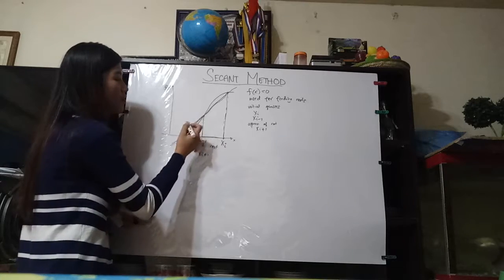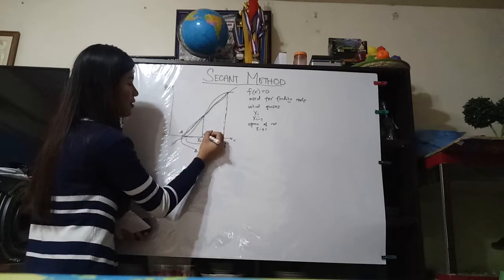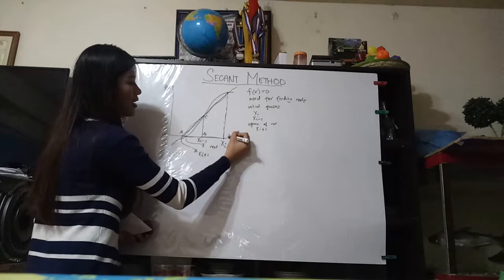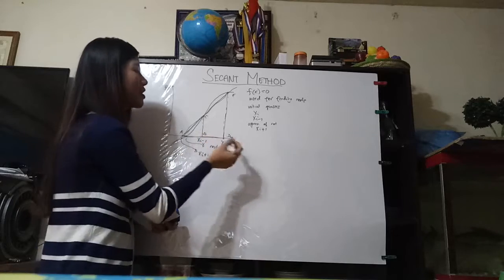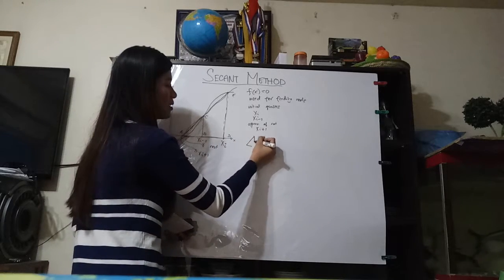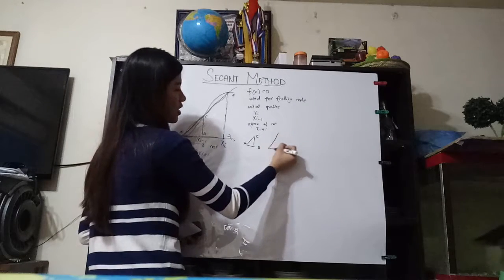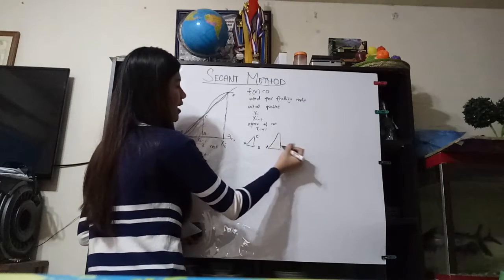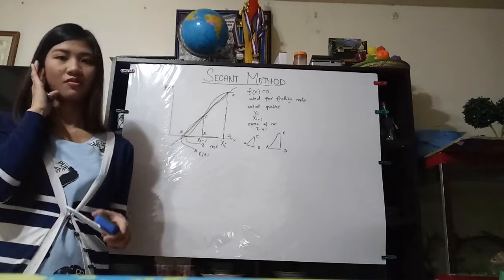For our triangles, we will name the points A, B, C, D, and E. If we take out these triangles, the first triangle would be A, B, and C, and the bigger triangle would be A, D, and E. So that is the approximation value.